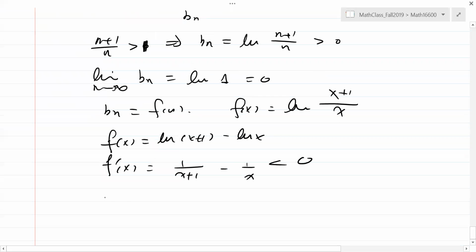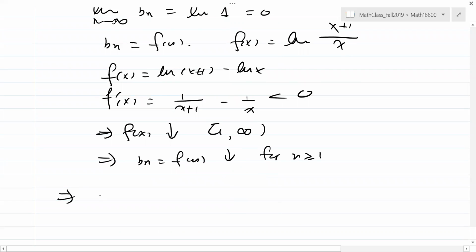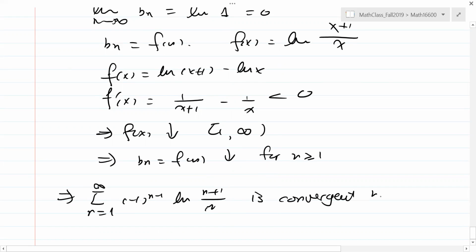So that implies f of x is decreasing on the interval from 1 to infinity. Then it implies Bn, which is f of n, right? Decreasing for n greater than 1. All right, so therefore this series is convergent by the alternating series test.